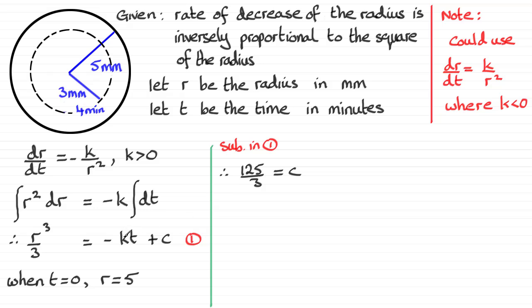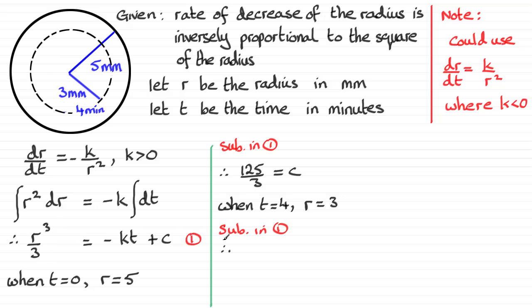And I can easily do that now just by using this other condition. And that is that when t equals 4, we know that the radius r equals 3. And so if I again substitute these values back into equation 1, just put a note there, then what I get is that radius 3, when you cube it, that's going to be 3 cubed at 27.